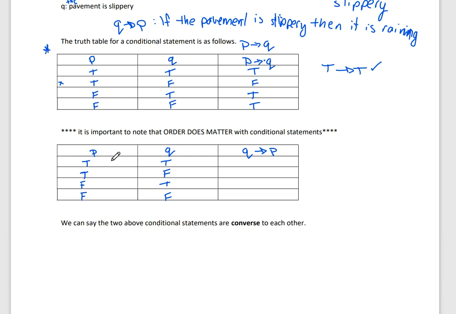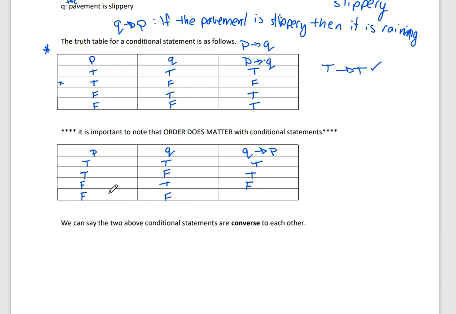It's going to follow the same pattern as these ones, or at least the same final answers, but in a different order. So again, true implies true. We're okay with that one. False implies true. If it starts in false, I already know it's going to be true. True implies false. That's the only case where we get a false for an implication.